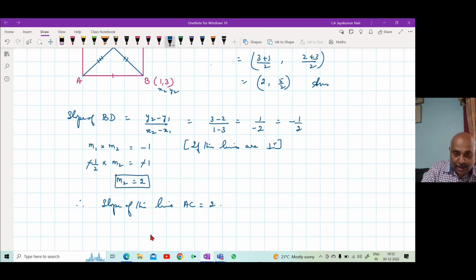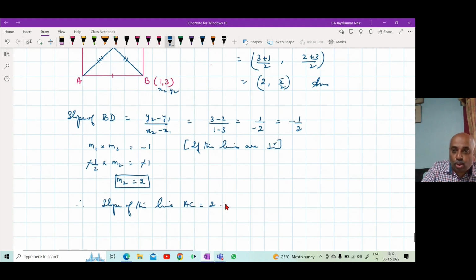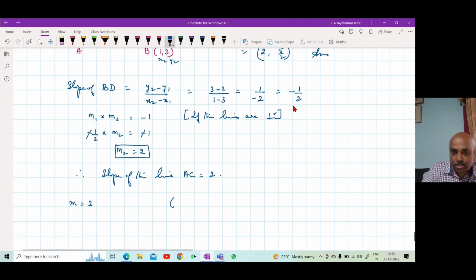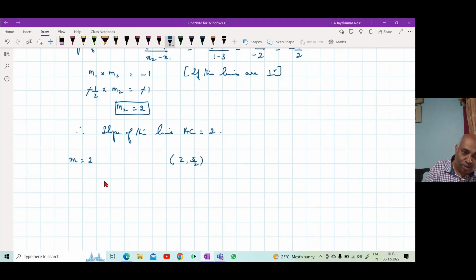Now I need to find the equation of the line AC. How do I find it? Remember, the line AC should pass through the point O, and the coordinates of O I know. So I'll take m equal to 2 and the point the line passes through, 2 comma 5 over 2. How do I find the equation of the line?